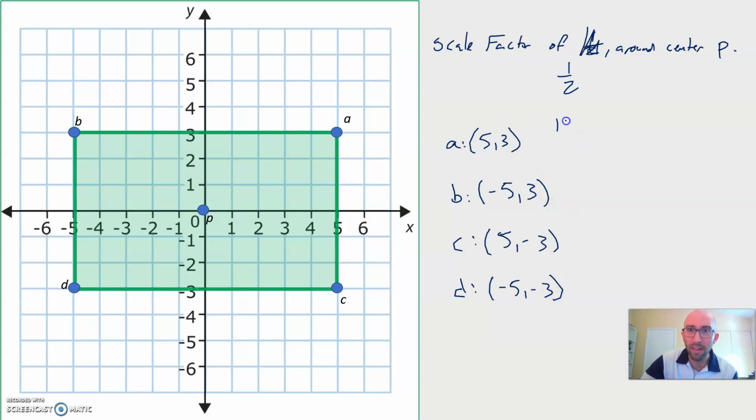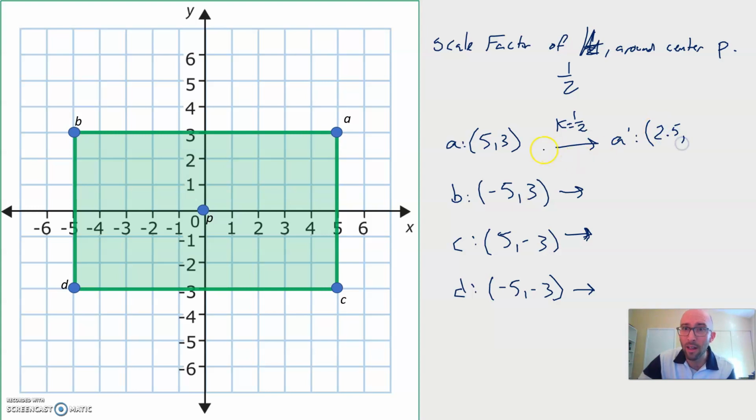All right, so we need to apply that scale factor. K equals 1/2. Remember, K is just another way of saying scale factor. And we're going to get our new coordinates. The arrow just shows, in my mind, that I'm applying the scale factor to every coordinate. Okay, so A prime. Some people get tripped up because, what's 1/2 of 5 or 1/2 of 3? It doesn't work out perfectly. Remember, if you have a calculator, times half is the same as dividing by 2. Half of 5, or 5 divided by 2, is 2.5.